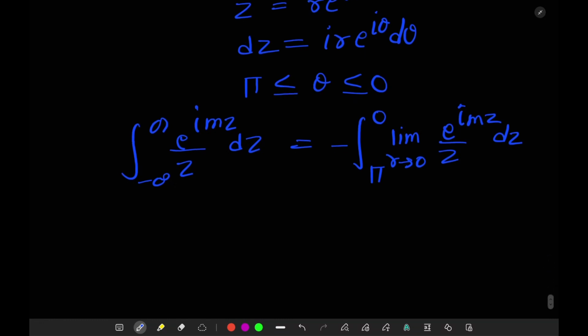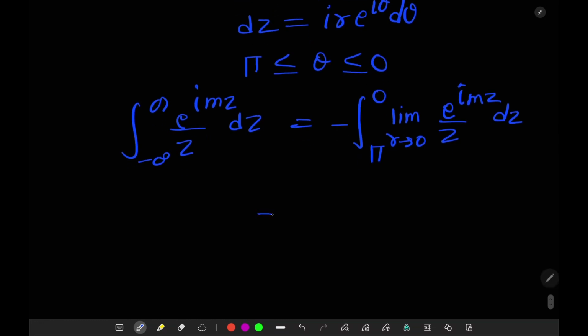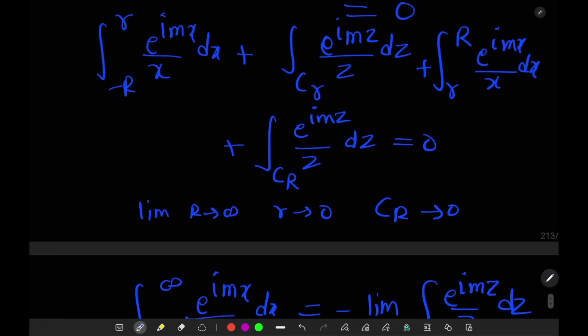now using the value of z and dz, and this is limit r tends to 0.